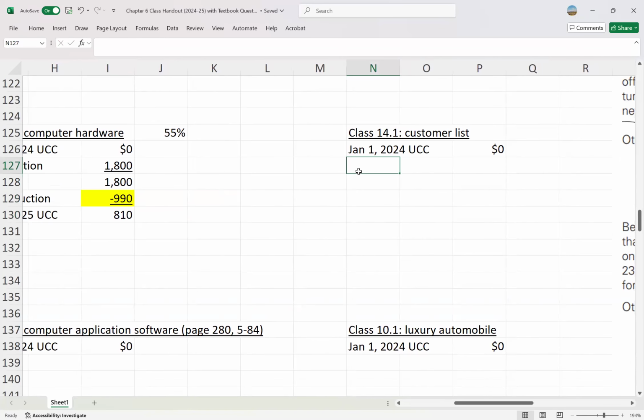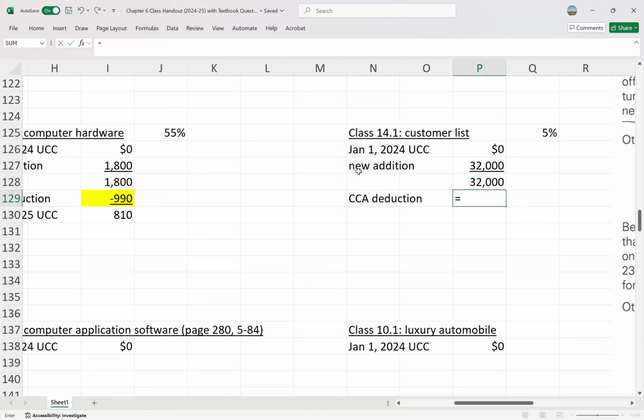And so the customer list, the new addition was 32,000. And once again, there's no beginning balance, but we'll just do a subtotal anyway. And the CCA deduction. And the CCA rate for class 14.1 is 5%.